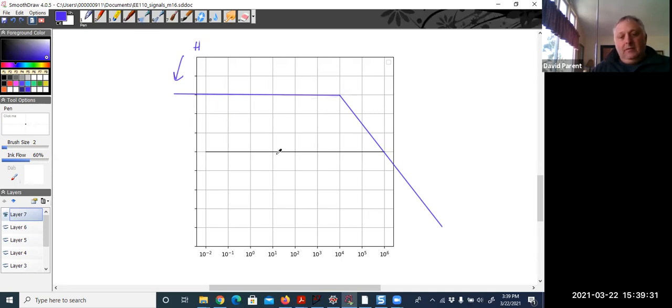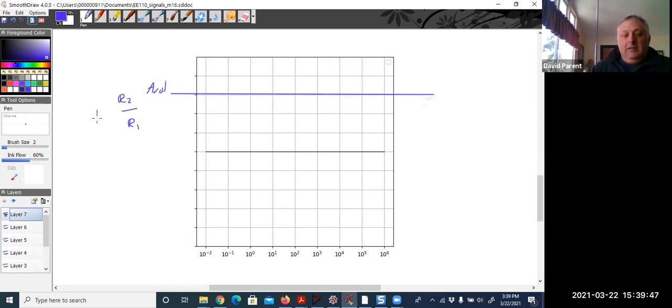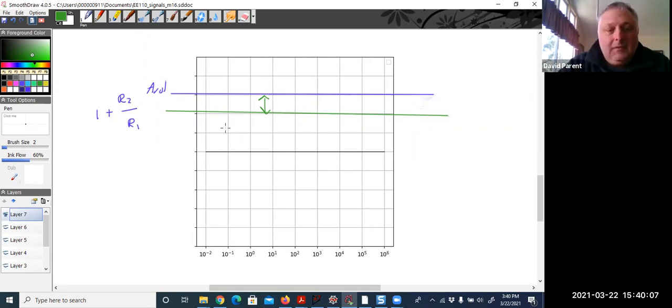Actually, in this case, the open loop gain is just a constant, right? And R1 and R2, whatever that is, just has to be less than that. Okay. That's it.